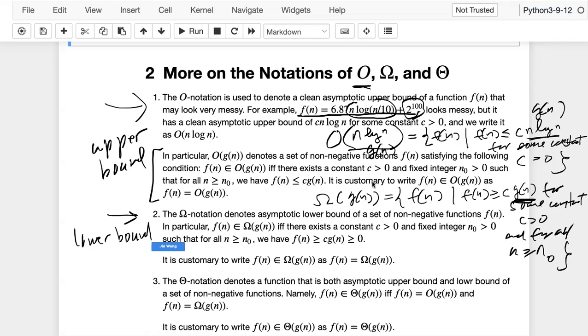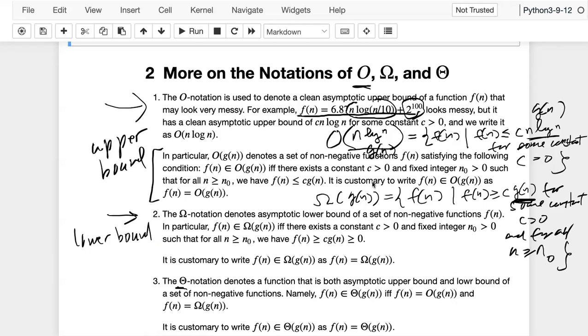And if we want to represent both upper bound and lower bound, the notation we use is big theta. Big theta notation denotes a function that is both an asymptotic upper bound and lower bound of a set of non-negative functions.